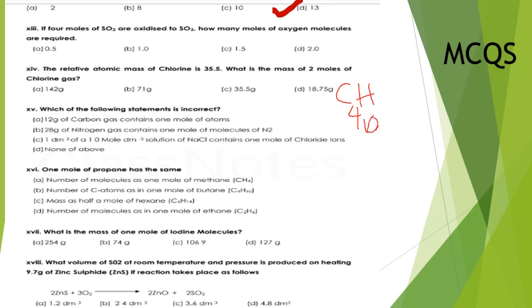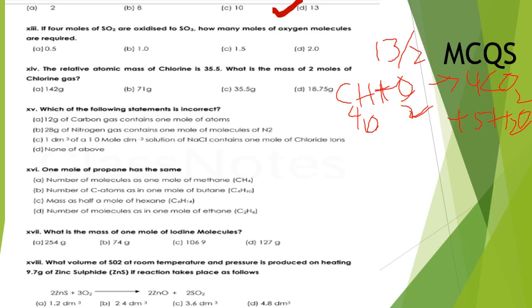C4H10 reacts with oxygen to produce 4 moles of carbon dioxide and 5 moles of water. Here the total number of oxygen atoms on the product side is 13, so it needs 13 by 2 oxygen molecules. This will be your answer.